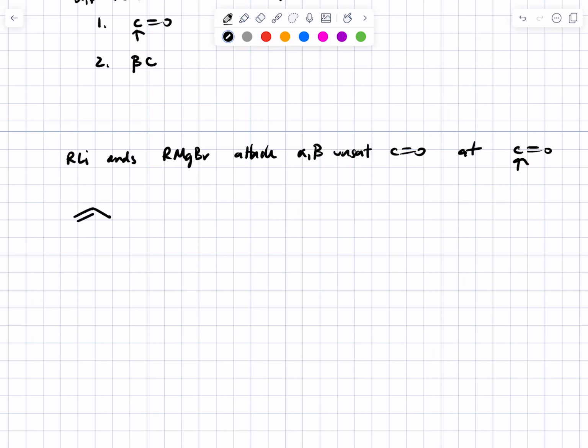So as an example, if we take this starting material and react it with, I'm going to choose a Grignard reagent now, that Grignard reagent will attack at the carbonyl carbon, breaking the carbon-oxygen pi bond and making a tetrahedral intermediate. Here's the R nucleophile that just did the attacking. At that stage, because there's no good leaving group, there's nothing to be kicked off.